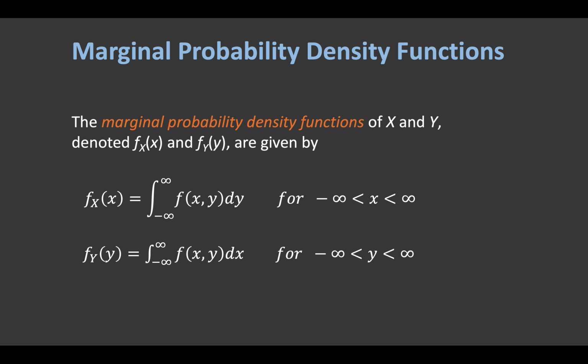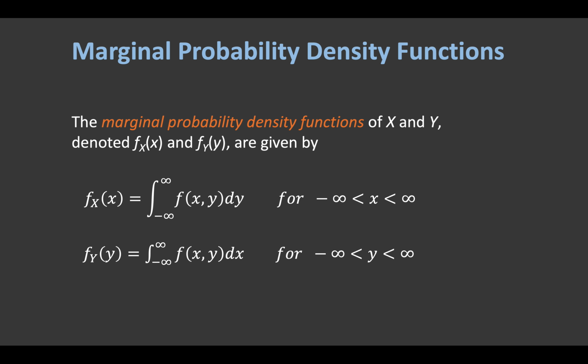Think of this as: we set an x value, and then we add all the y values together. The integral is basically a fancy way of summing, which is exactly what we did for the discrete random variable. We set an x, we add all the y together, and that gives us the marginal probability density function f(x).